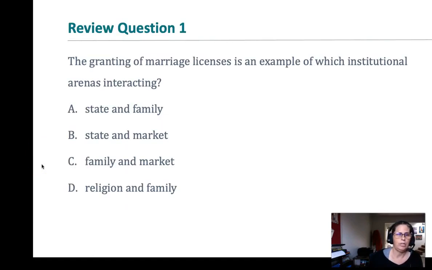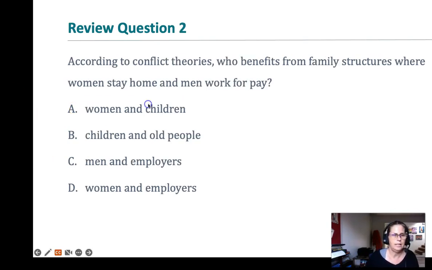All right, here's some review questions. The granting of a marriage license is an example of which institutional arenas interacting? The state and family, the state and market, the family and market, or religion and family?